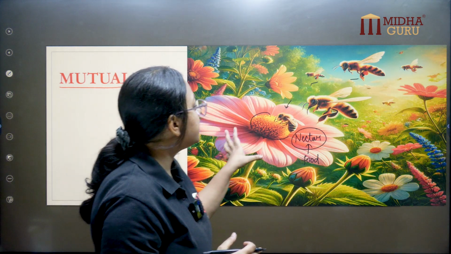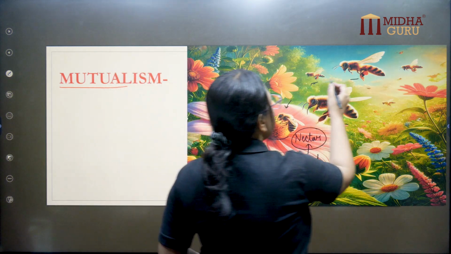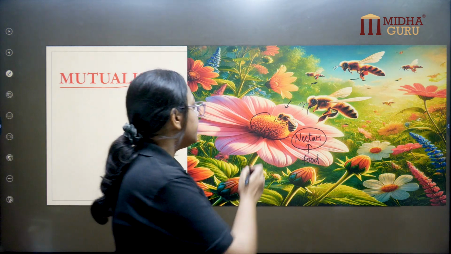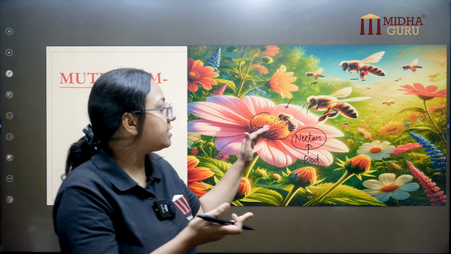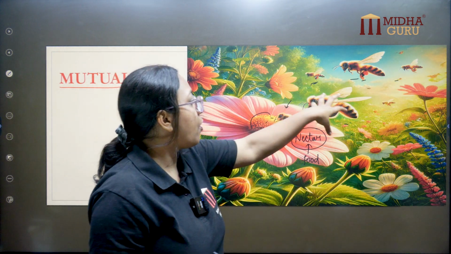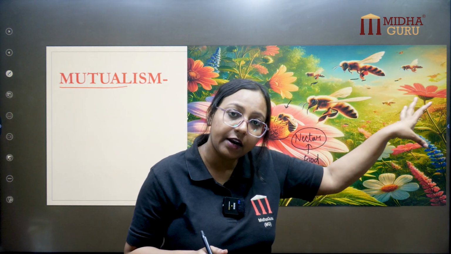Once they take the nectar and fly like this, they spread the pollen grains. These are the pollen grains here. When they sit on the flower, the pollen either sticks on their legs, on this side, or maybe on their body, and they spread it. When it has been spread, that is the process of pollination, if you know, right?